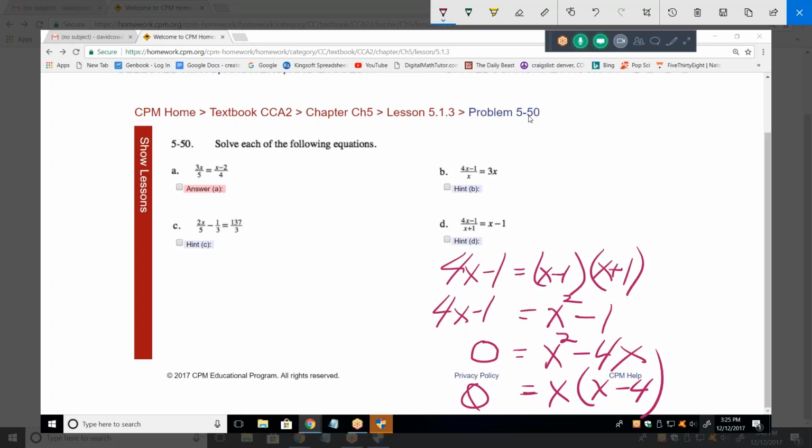Correct. Remember what we're doing. We have two things multiplied together. We're going to set each one of them equal to 0 and solve. First one, x equals 0. We don't have to do any solving. Second one, x minus 4 equals 0. That means x equals 4. So there's our two answers.